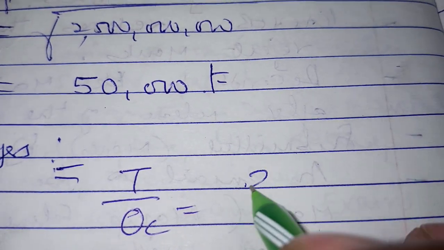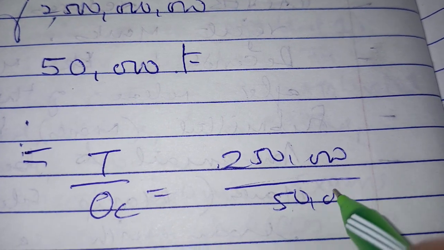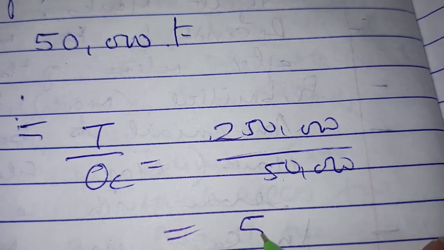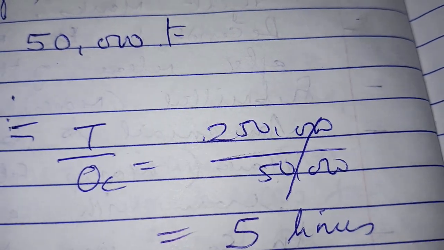That becomes 250,000 divided by 50,000, and therefore we shall do only 5 transfers.